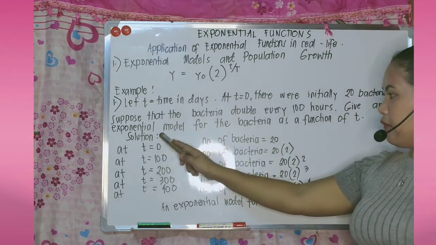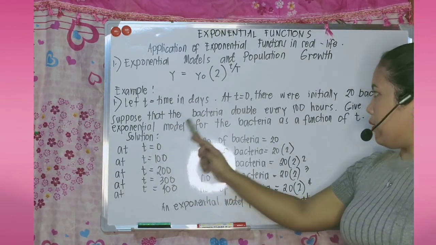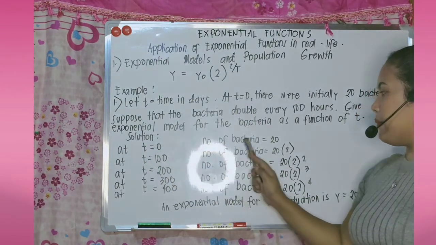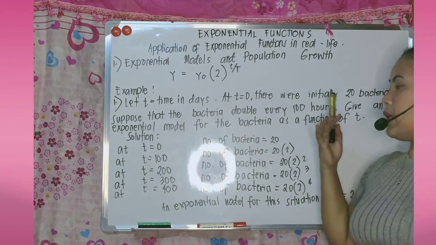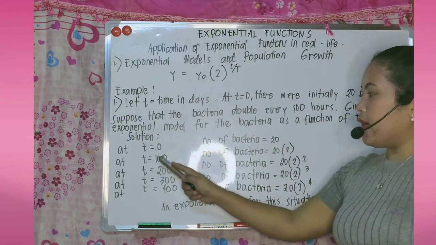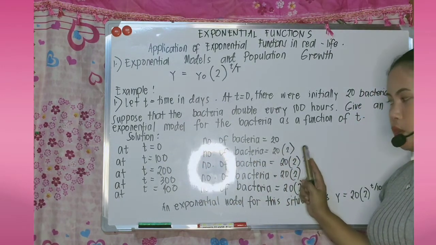Okay? So, we have the following solutions. So, first, we start at 0 because it is given in this problem that at t equals 0, the number of bacteria is 20. Okay, so this is it. Then, suppose that the bacteria double every 100 hours. So, at t equals 100, number of bacteria equals 20 times 2.